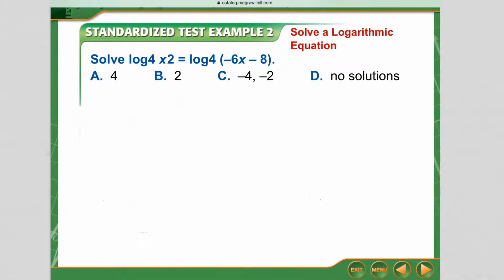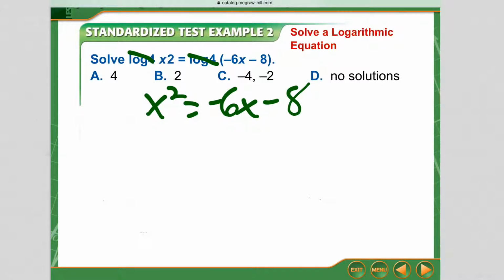So if you have a log on both sides, you can go ahead and drop those logs off. But that's only if it's on both sides, because remember, what you do to one side, you have to do to the other. So if you only have a log on one side, you have to change it to your exponential form. So now all we have left is x squared equals negative 6x minus 8.